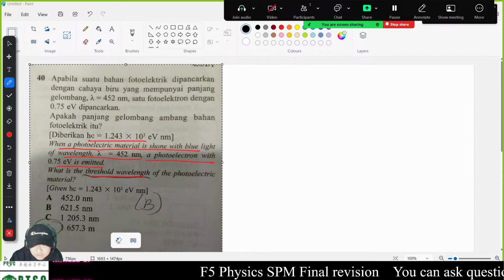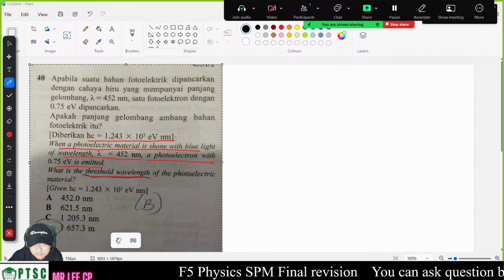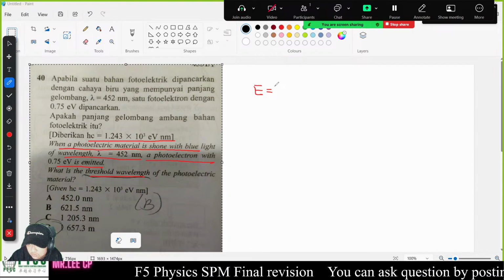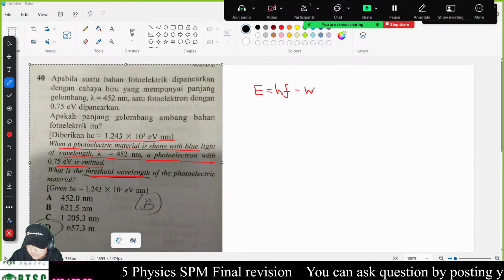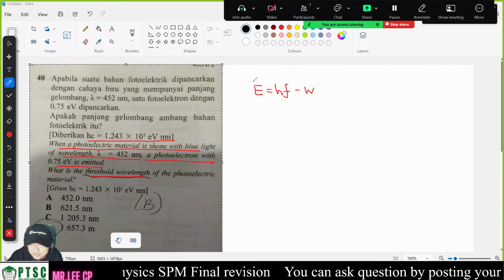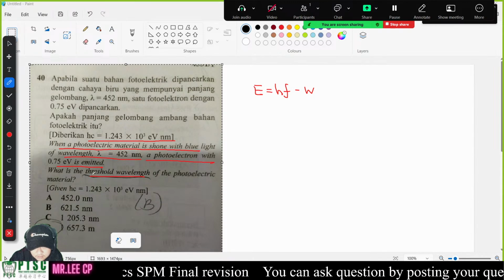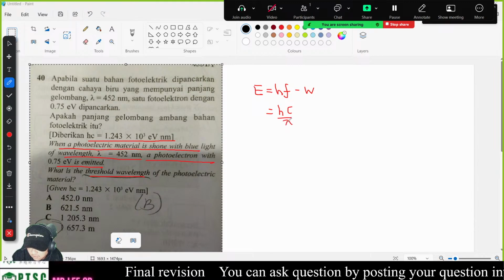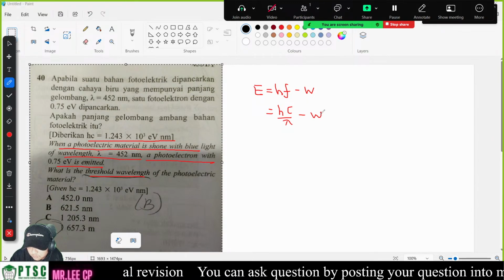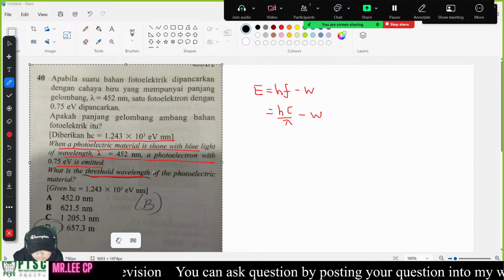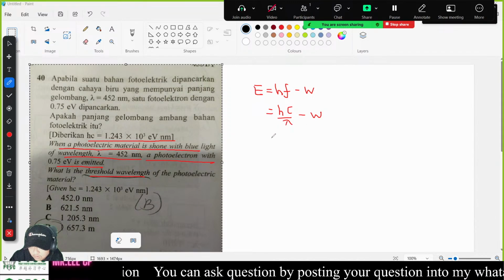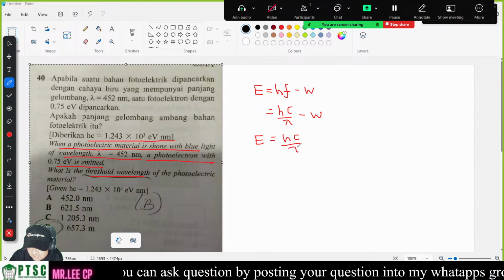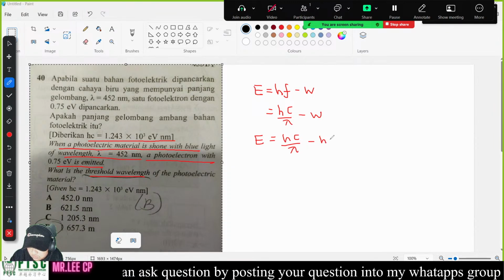The formula is E equals hf minus W. E is hc over lambda, and W is equal to hf naught.